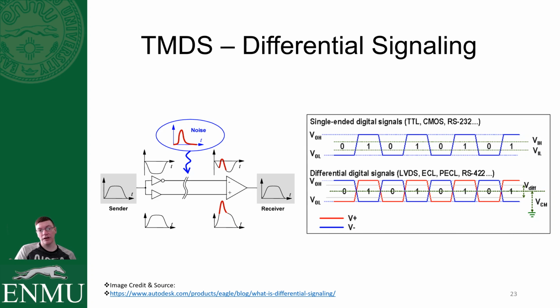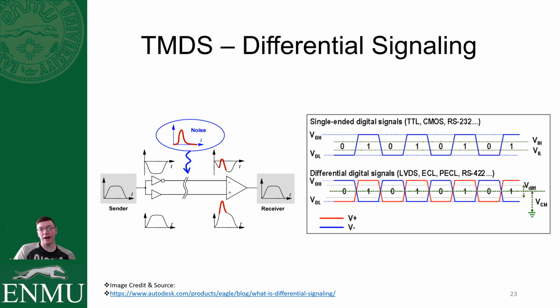It's interesting here that it does point out these differential signals are used in low voltage differential signals, ECL, PECL, RS422, and so on. But they are used here in transition minimized differential signaling, and just like the name implies, the transitions from high to low and low to high are minimized in an attempt to get the highest data throughput possible on these HDMI cables.